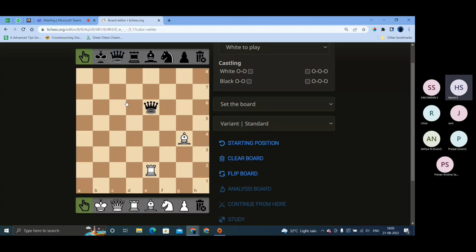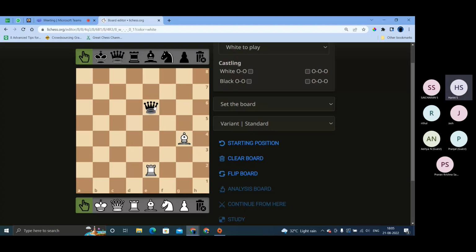Say for example, if this is the position, and if you are telling from white's point of view, white rook is attacking the queen, white bishop is also attacking the queen. This is the concept of attack.